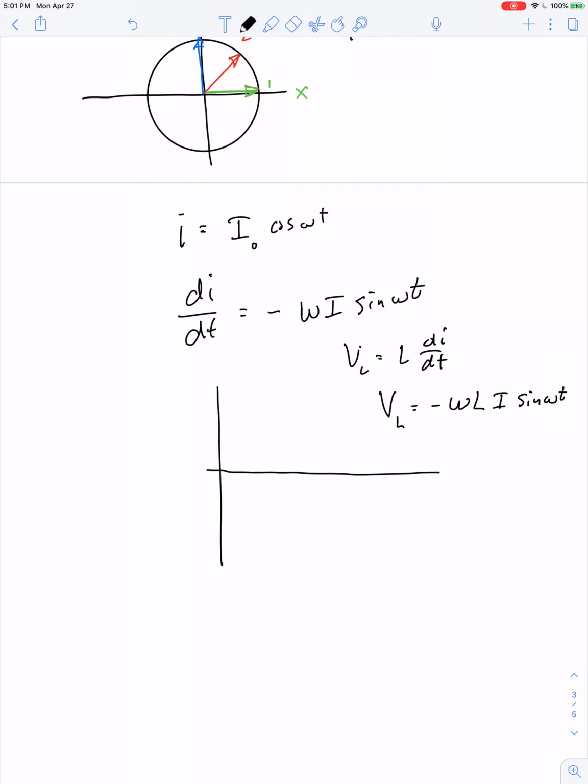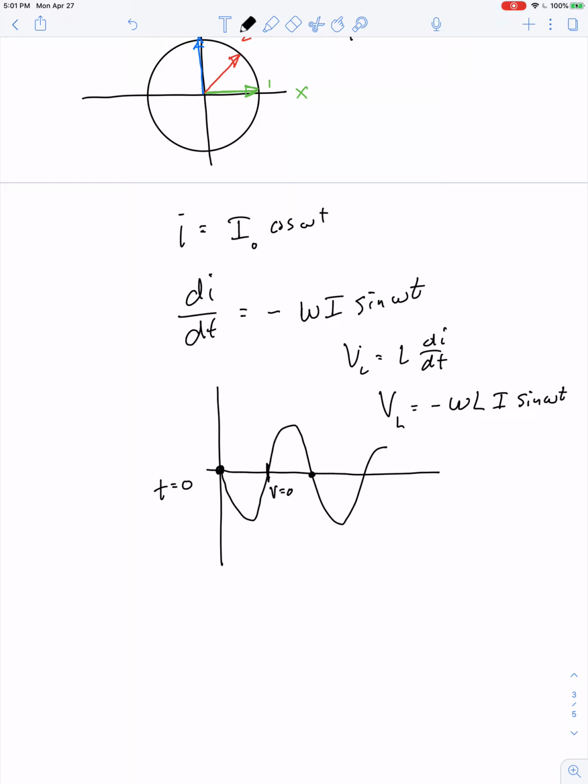So a graph of negative sine looks like this. So that means at time t equals 0, there's 0 voltage across the inductor. And then if we go half a cycle into it, at that point again the voltage is equal to 0.